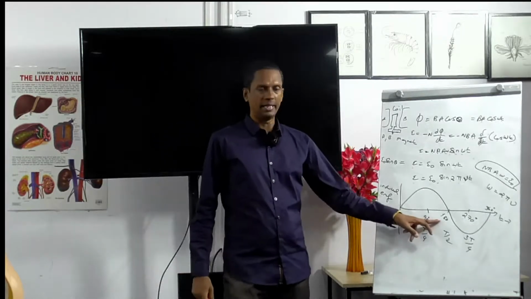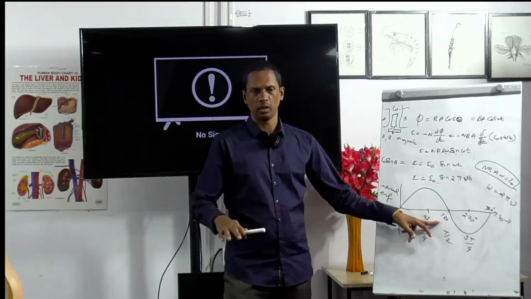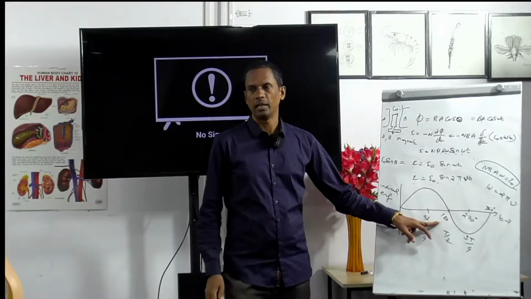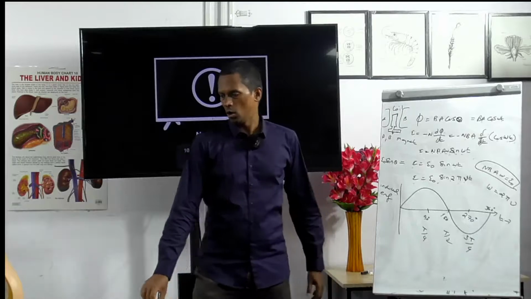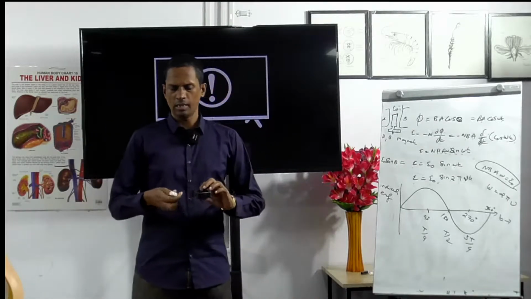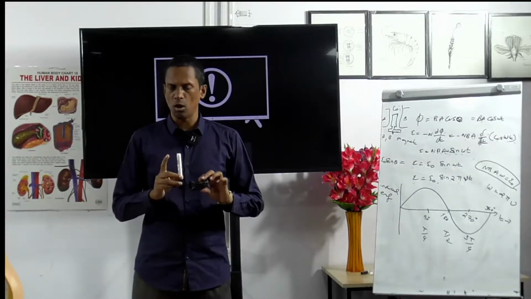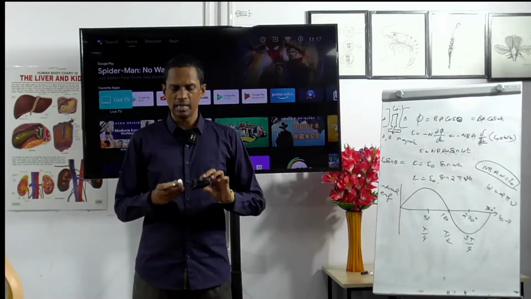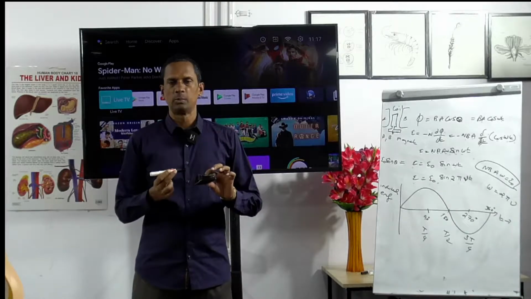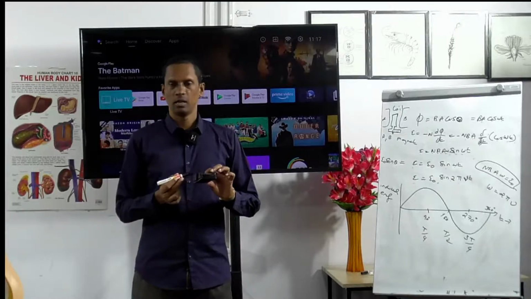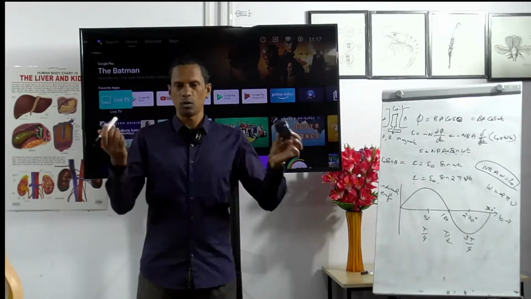Then 180 degrees means the coil is coincident with the plane, in a linear position instead of perpendicular. At 270 degrees it is again inverted, and at 360 degrees it again coincides with the plane.